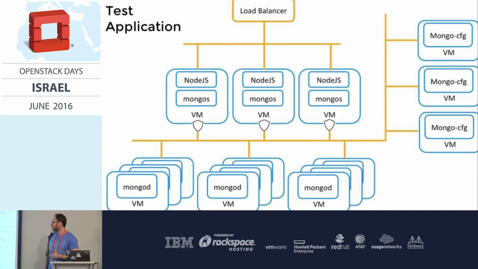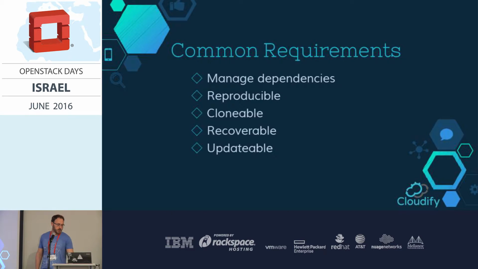So as part of this test application, we set up a Node.js application with a sharded Mongo database. At the lower bottom of the screen, you could see the MongoDB database clusters that we use, and Mongo configuration servers for the shards.